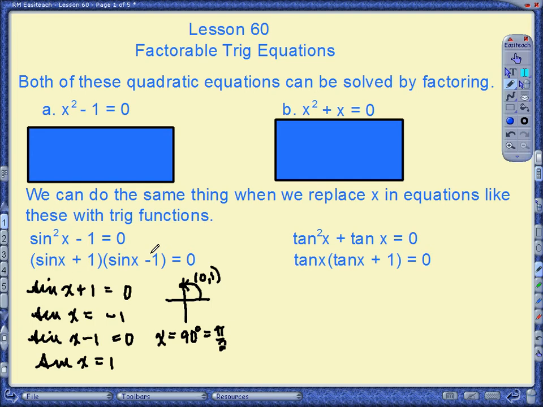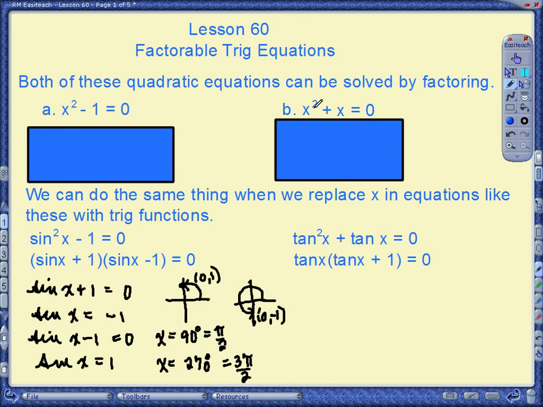Usually when we have an x, we want our answer in radians. Okay? If it's theta, it means you should answer in degrees. If we have a sine of -1, we would be down here on the negative y-axis. The y value here in the unit circle is -1, and x would be equal to 270 degrees, or 3 pi over 2.